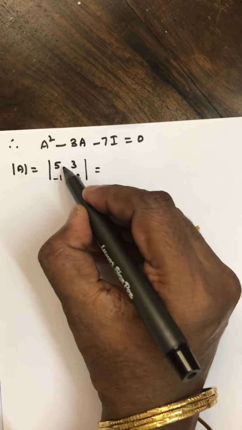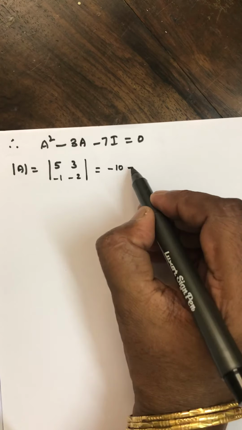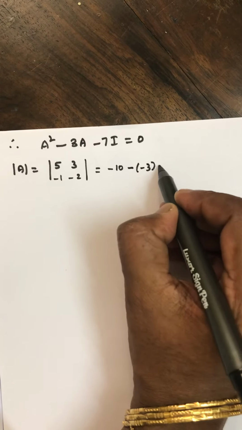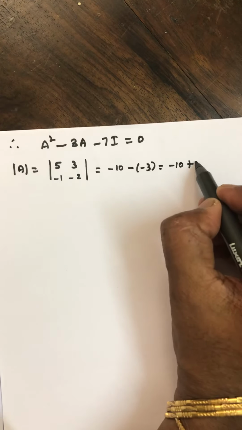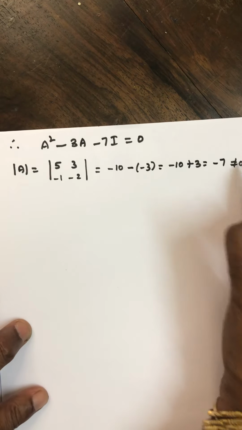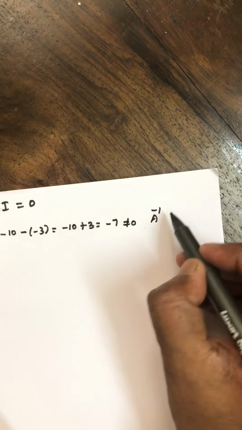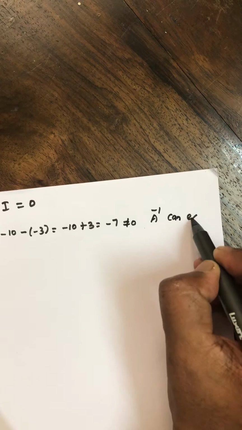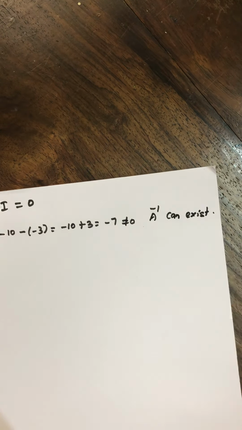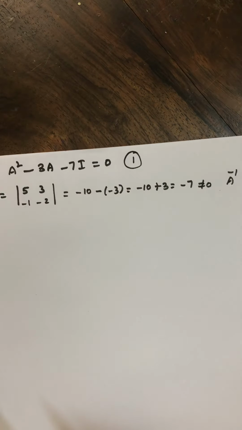Product of the main diagonal, 5 into minus 2 is minus 10, minus sign, minus 1 into 3 is minus 3. So minus 10 plus 3, which is minus 7, which is not equal to 0. Therefore I can say A inverse can exist. You can take this as equation number 1.